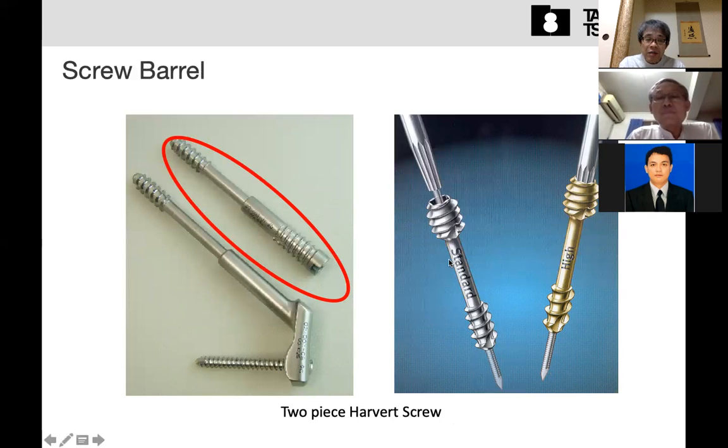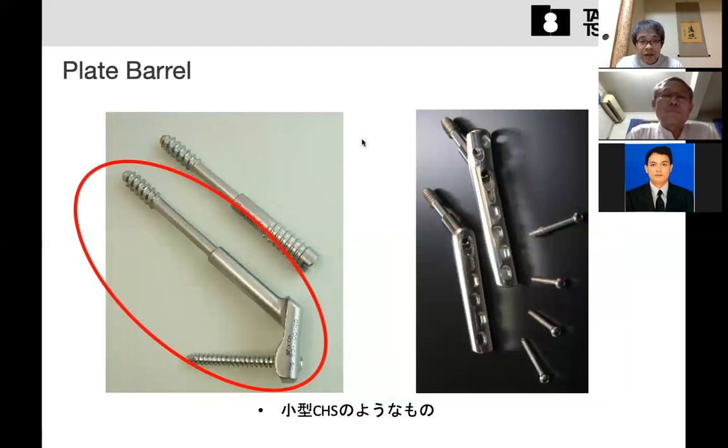After it reaches the longest length of this screw, then when I drive the screw, the proximal fragment comes back during the screw driving into the femoral head. And something like this is just like the DHS.